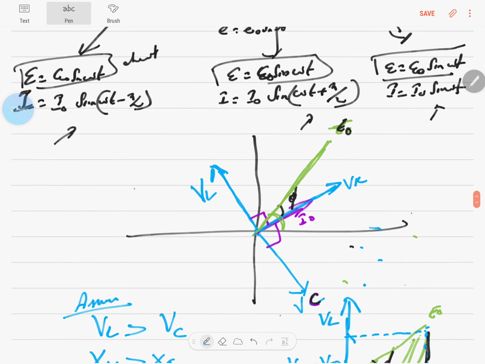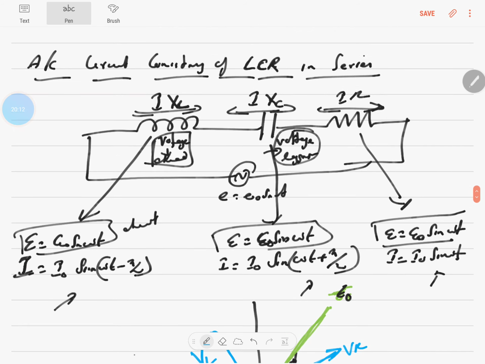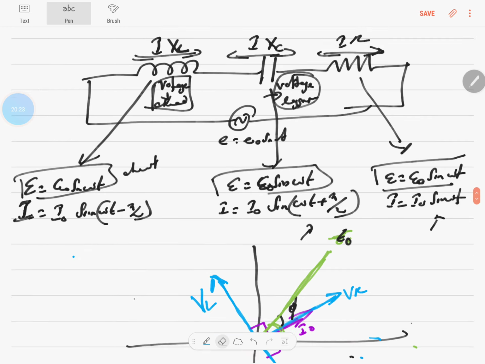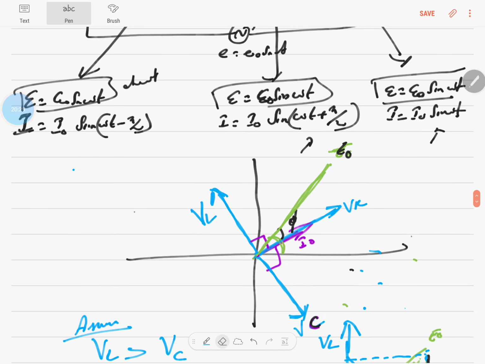Whereas VC, when compared to the resistor, will be lagging behind by 90 degrees. Therefore, VL and VC must be at an angle of 180, because one is ahead by 90 and the other is lagging by 90. Therefore, can you see VL and VC are right opposite each other?